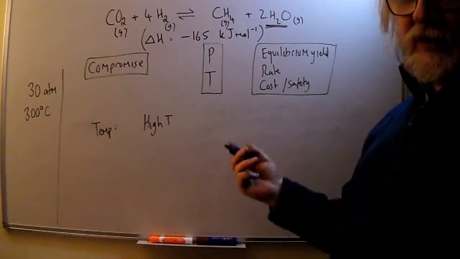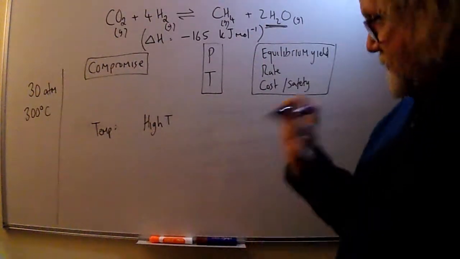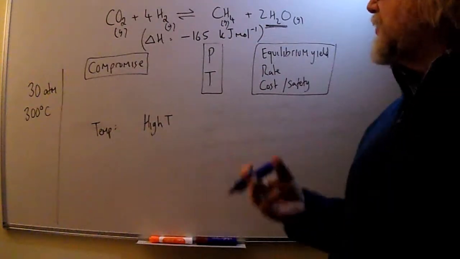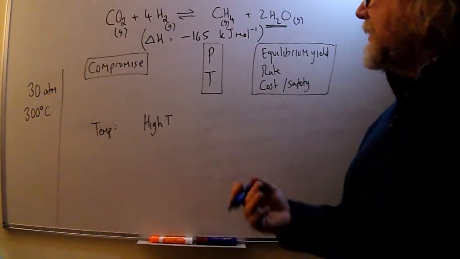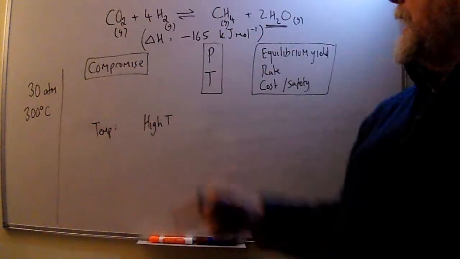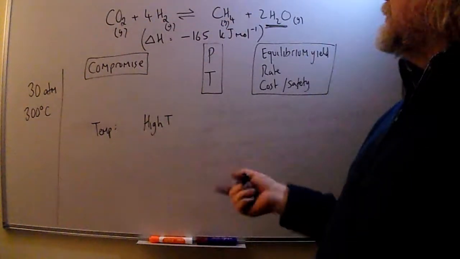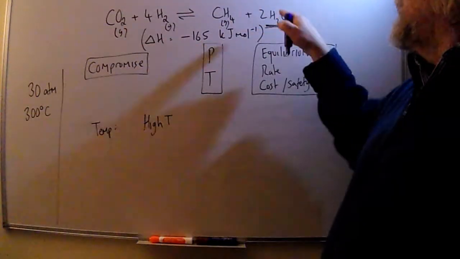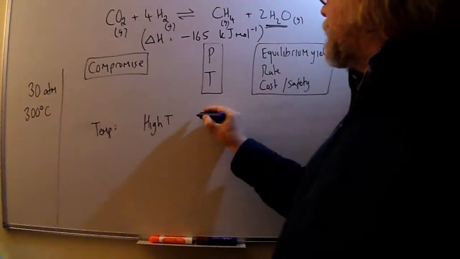Remember, if you increase the temperature, it tries to cool it down again, and it does that by going in the endothermic direction, which takes heat away. And the endothermic direction is backwards, so that's bad, right? Because if we go to high temperature, it will shift in the backward direction, so the yield of water will be low.